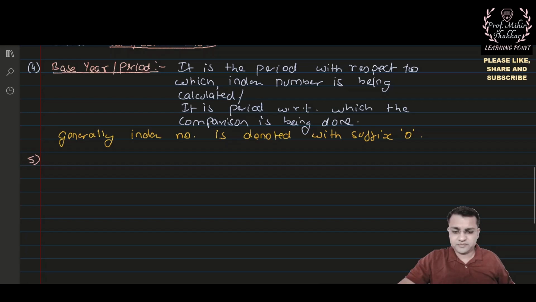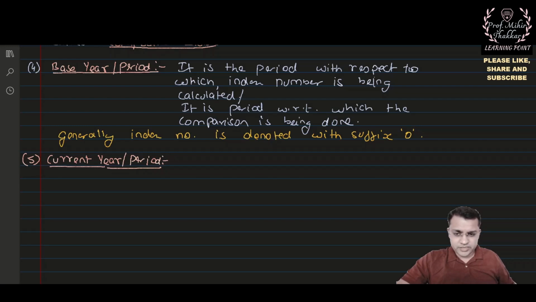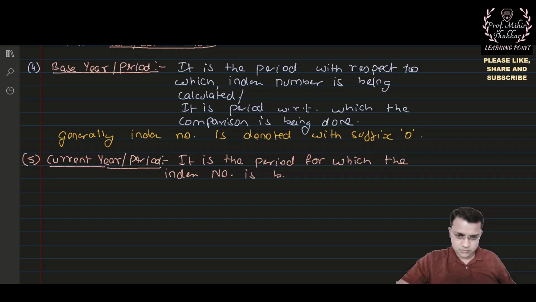Point number 5. Current year or the current period, both the terms are acceptable. Current year is the period for which the index number is being constructed.